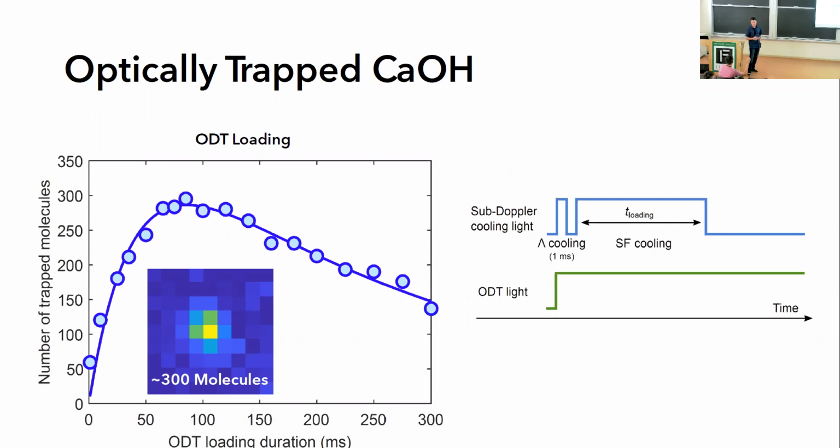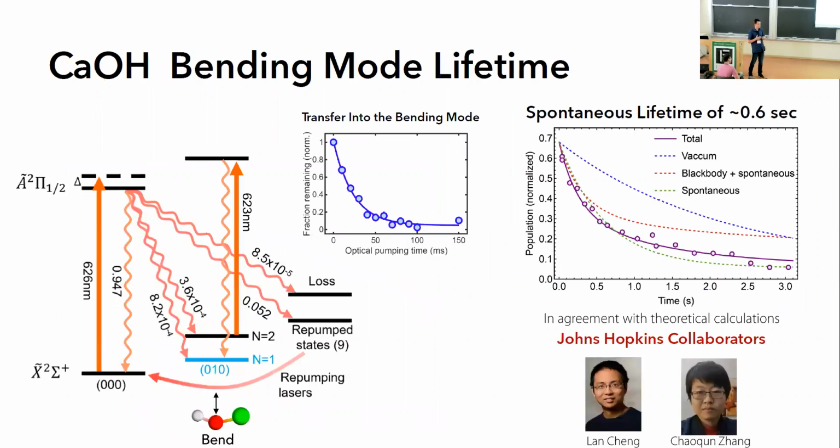So now that we have these ultracold trapped molecules, the first thing we've done is to actually probe the bending mode lifetime of these molecules. Of course, the bending mode is not an absolute ground state in the molecule, it's a vibrationally excited state. So this naturally will decay at some rate back down to the ground state or some other state.